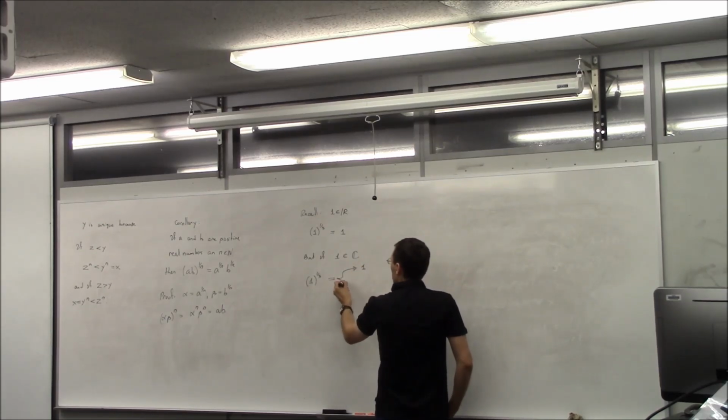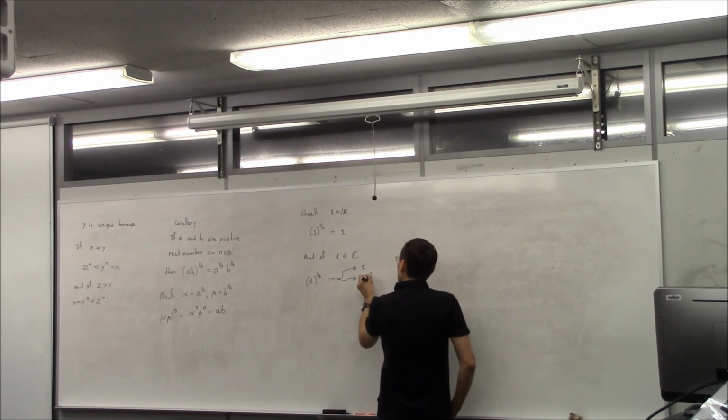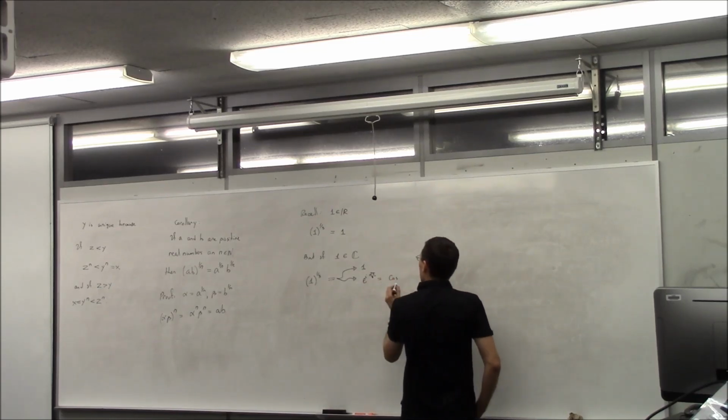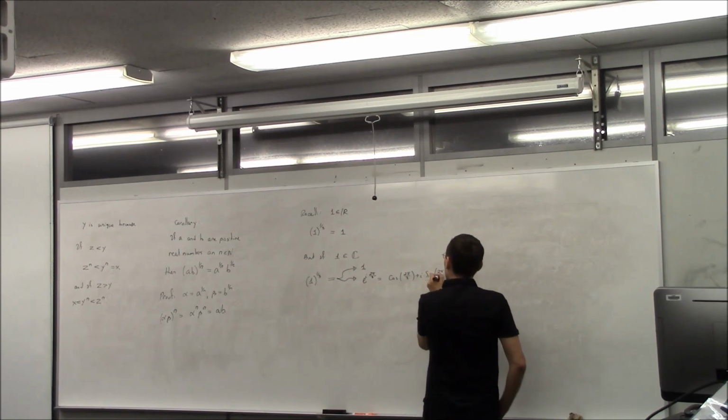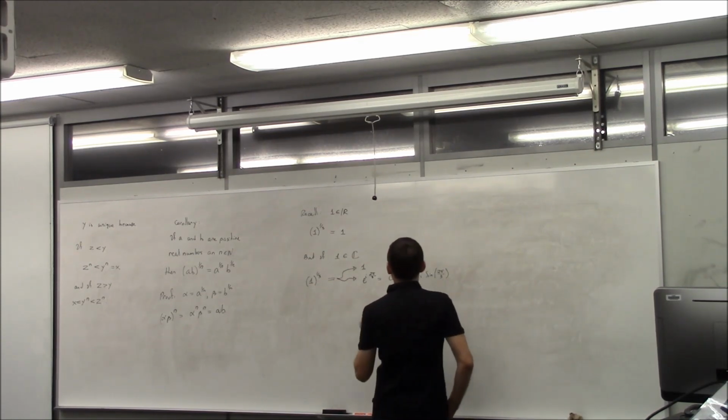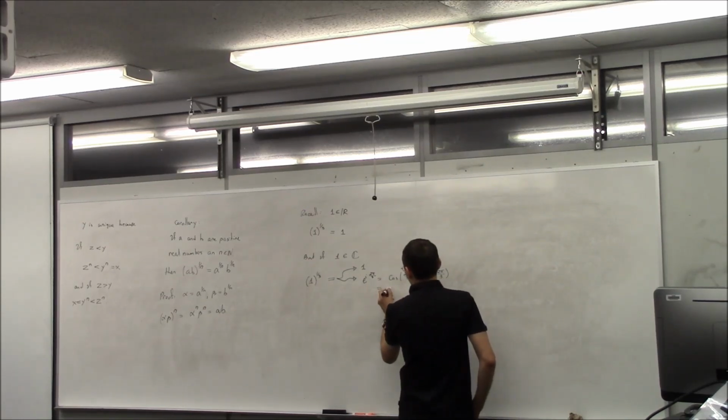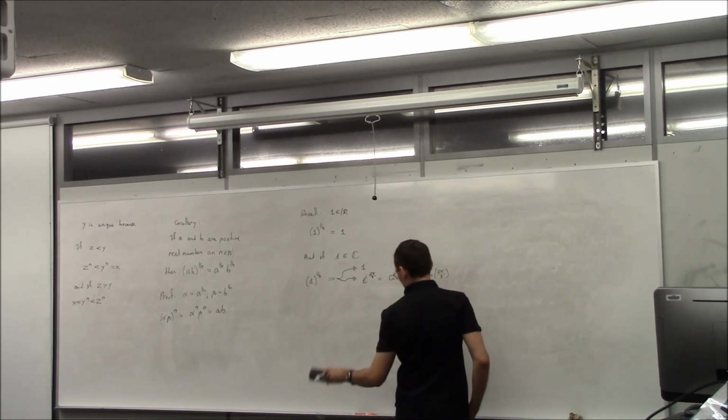It can equal e to the i 2 pi over 3, which is cosine of 2 pi over 3 plus i sine 2 pi over 3, which equals, I'll keep it like that, I'm not really able to think at all today.